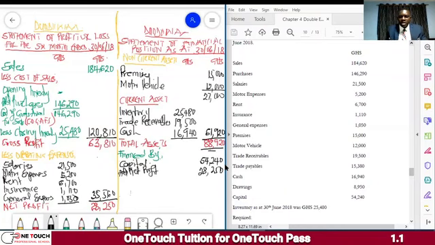Good. Now, again, we have drawings, and we also learned that drawings also cause a movement in the owner's equity. So that's a reduction.